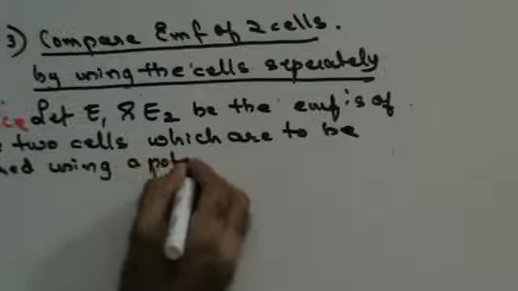Now, the positive terminal of cell E1 is connected to end A of the potentiometer wire, at which the positive terminal of the battery is connected.